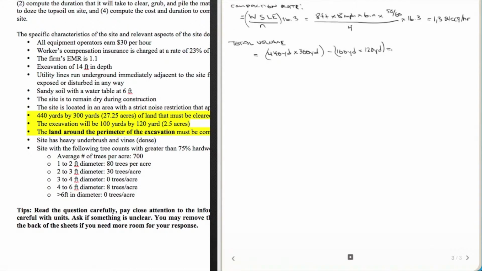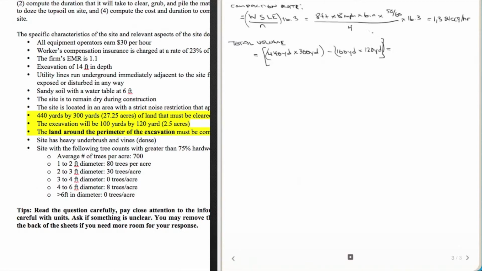Doing that, we get, oh, and sorry, this right here is our width and length, and we still need to do our depth.